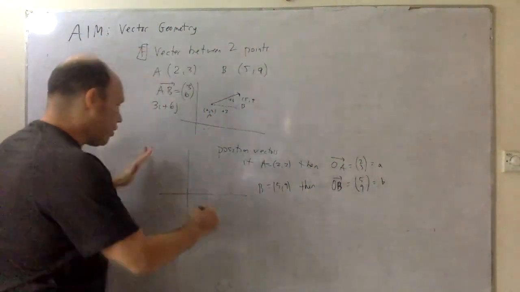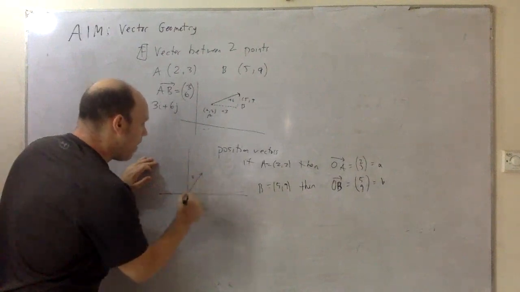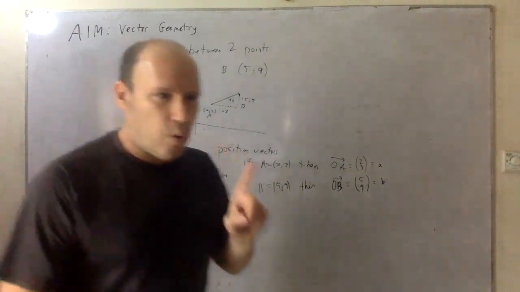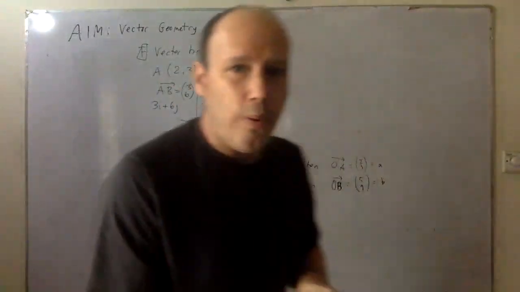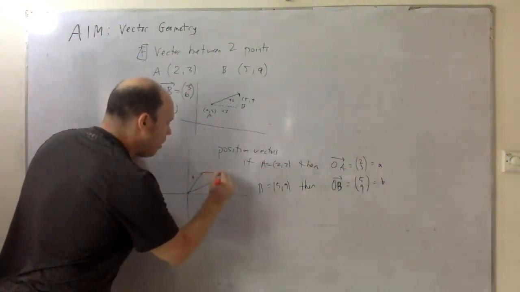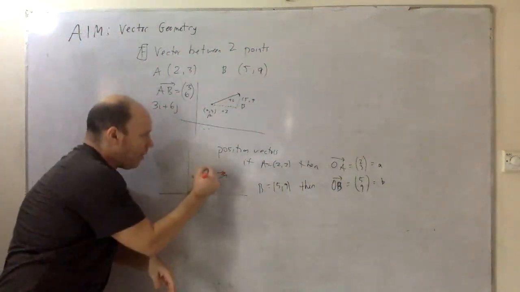So the question is, if this is A and this is B, what is this vector here? Well, if you think about it, it's negative A, right?